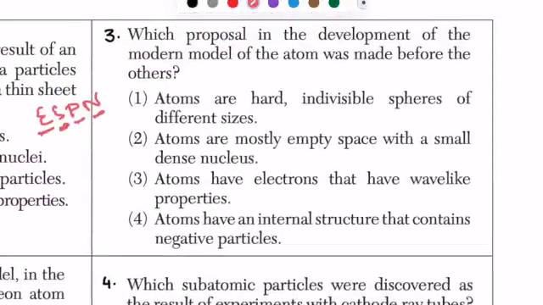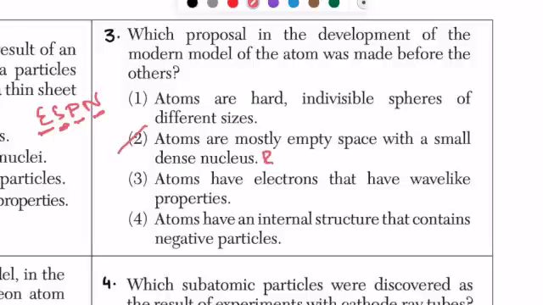For number 3, which proposal in the development of the modern model of the atom was made before the others? So we are talking about the one that was proposed at the very beginning. The first option is atoms are hard, indivisible spheres of different sizes. Atoms are mostly empty space. We just said that this one was Rutherford, so that was not the first one.